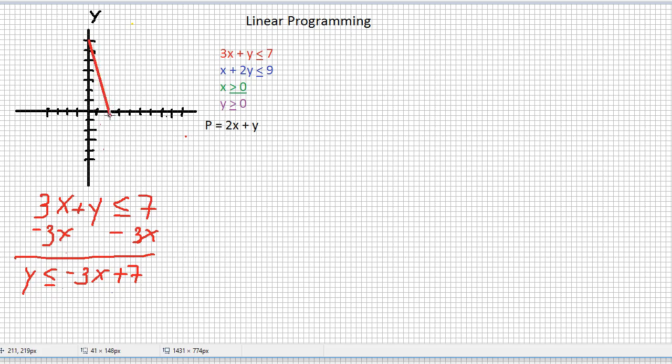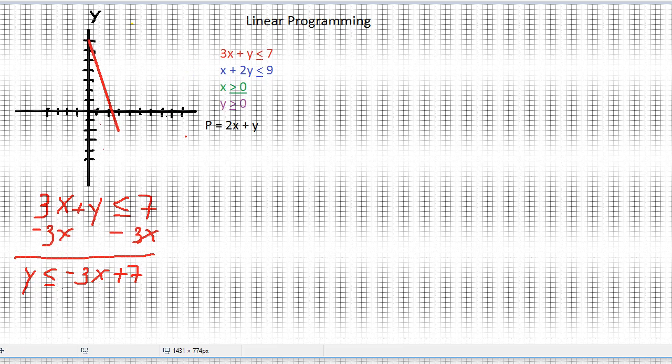Down 1, 2, 3 units over 3. So right there. Now this is below the red line, so we're between the red line and the XY axis so far.